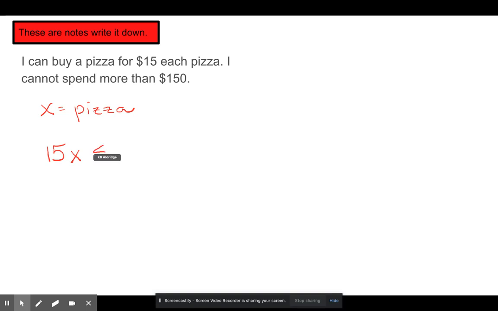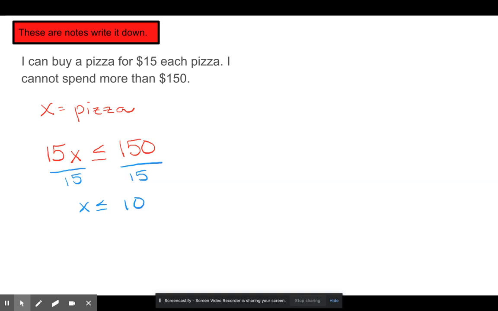So it's going to be less than or equal to $150. Now we would just solve that like normal. Divide by 15, divide by 15. X is less than or equal to 10. This means I can buy 10 pizzas or less.